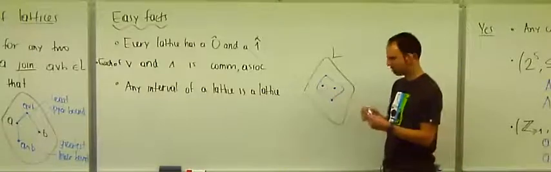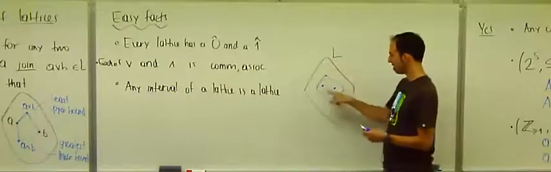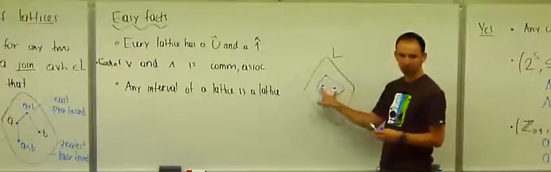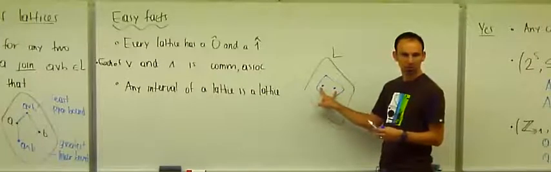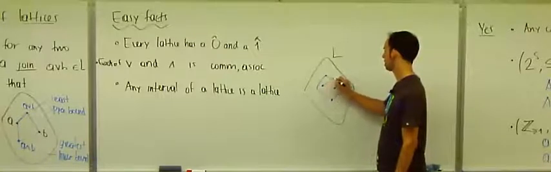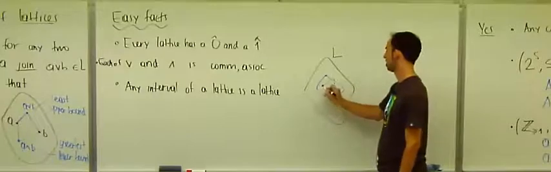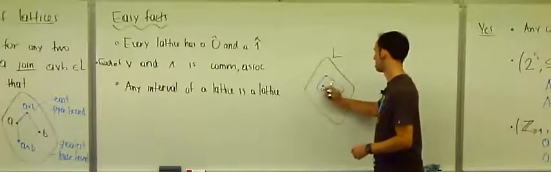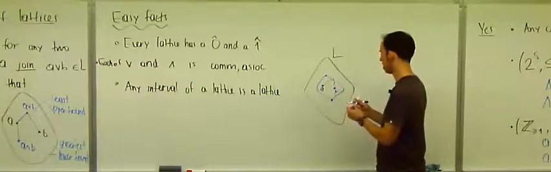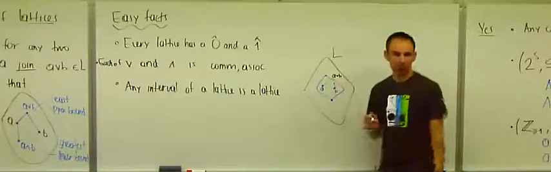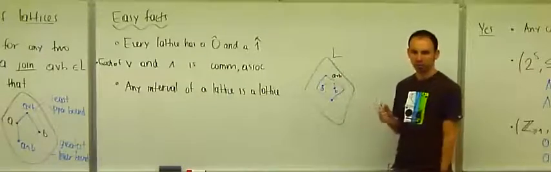Well, L is a lattice, and these are elements of L, and so these guys do have a least upper bound. The question is whether it's blue. Can I have something like this, that this is A, this is B, and the join falls outside of my sublattice, outside of my subinterval?